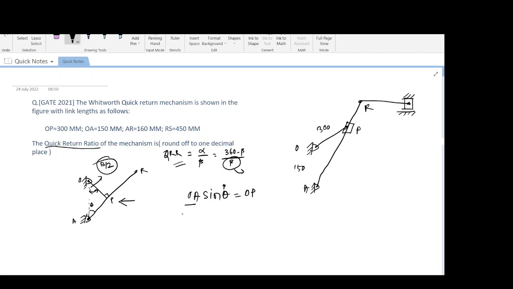But once we put in the values, OA is 150, OP is 300, this is sin theta. So if we make this equation, is it possible to get a theta? Theta will be invalid, as 150 sin theta will not be equal to 300, because sin theta ranges from minus 1 to 1.